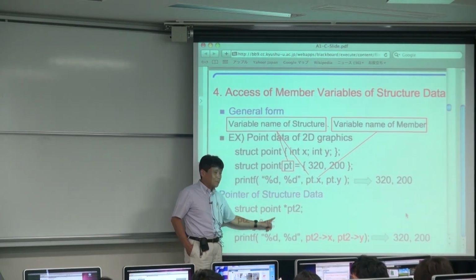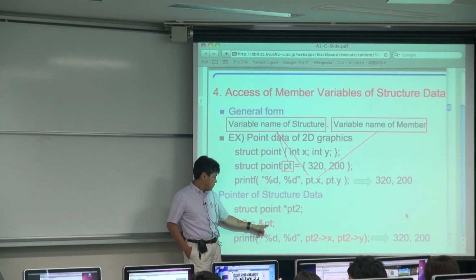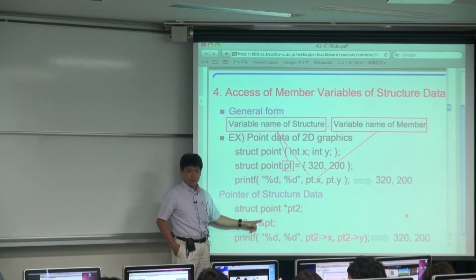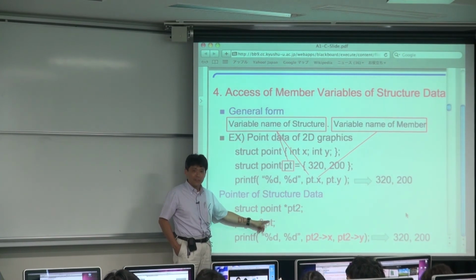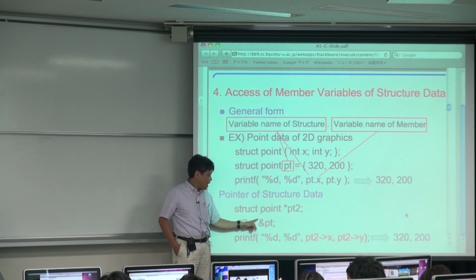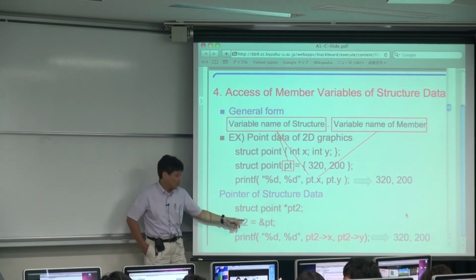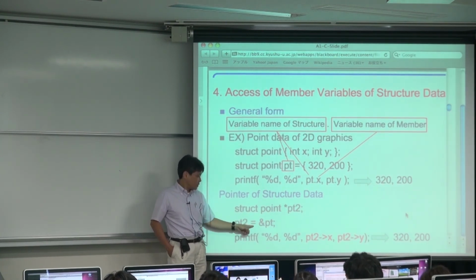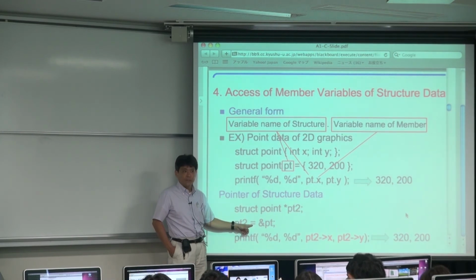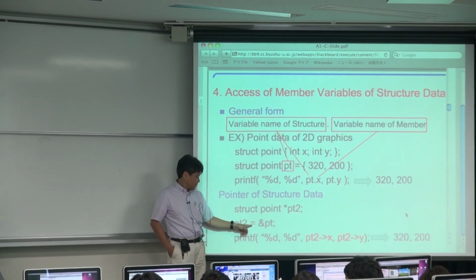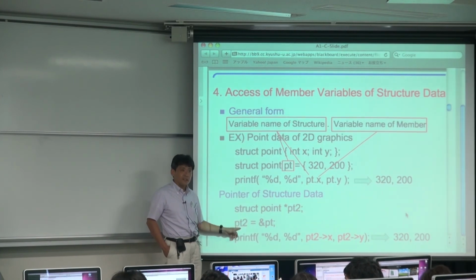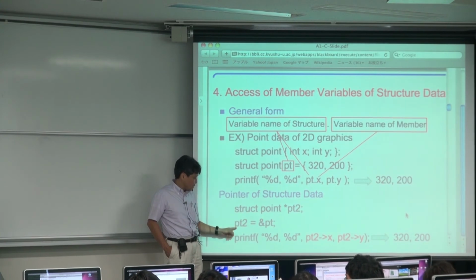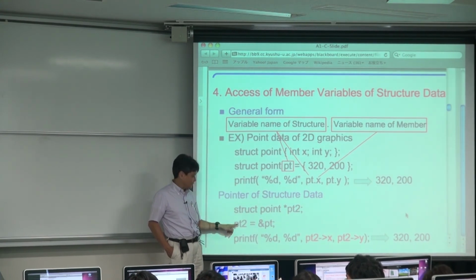Okay? This variable is not a pointer type. However, if you put the ampersand mark in front of the point variable name, you can access the pointer of these variables. So such a pointer, using the substitution operator, the equal operator, you can store such pointer data, the pointer address, into this pointer type variable.